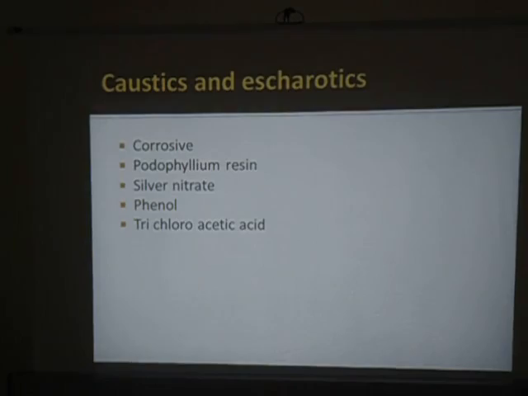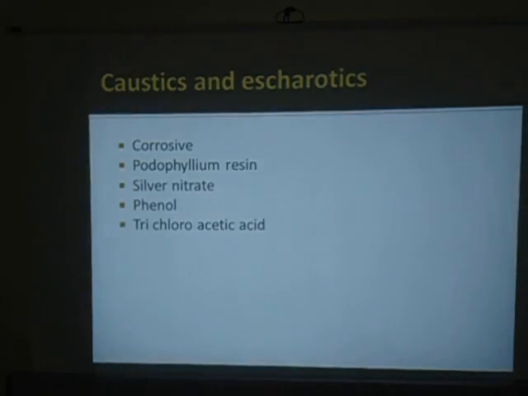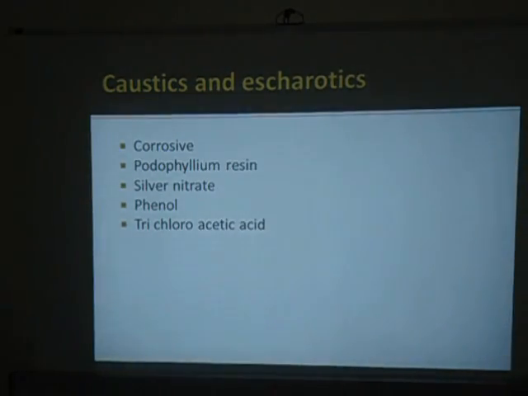The negative point is they can cause corrosion of iron surfaces, so we do not use it for surgical instruments, but for cleaning other surfaces. Silver nitrate is used for burns. Most of these are corrosive agents, which can cause rusting.